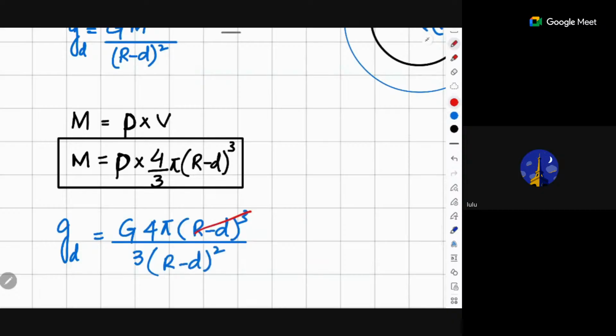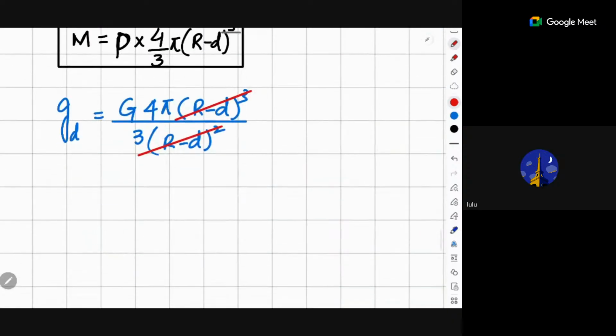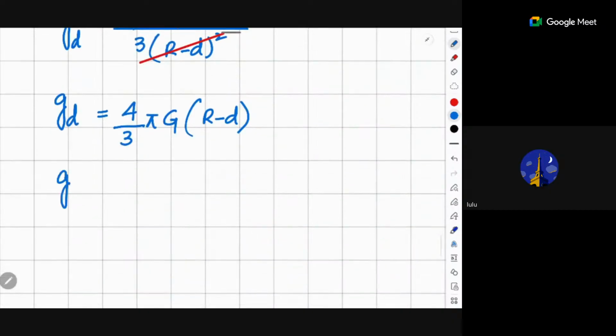So this is the same quantity, so they will be gone. So you are getting that GD is equal to 4 by 3 pi G into (R minus D). So please remember this concept.